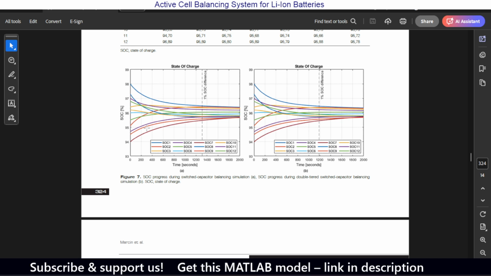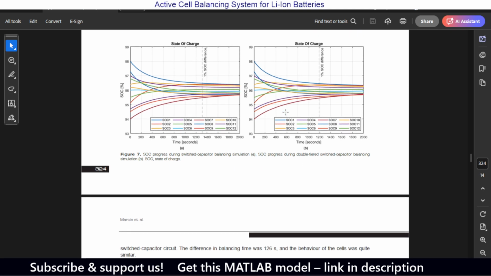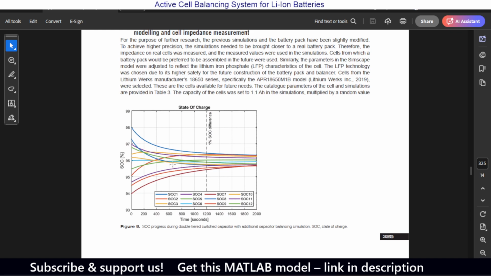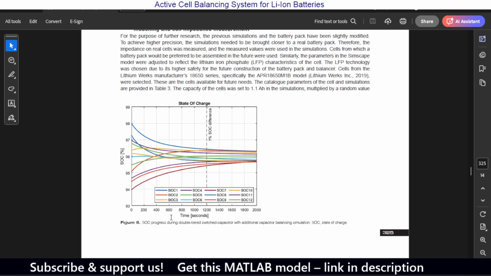After some time, the batteries with higher SOC will get discharged and the batteries with lower SOC will get charged. This is compared for different topologies. This one is for switched capacitor, this one is for double switched capacitor, and this one is for the one which I have simulated here.